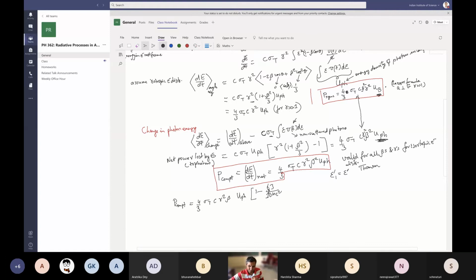You can find this formula in all the books, and this sort of reflects energy loss in the electron rest frame.